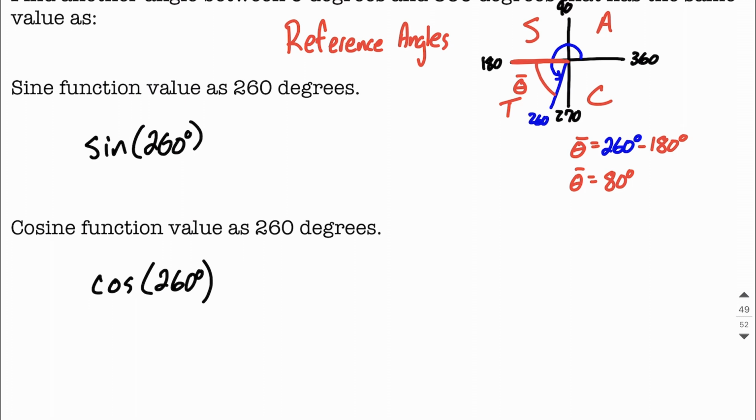So everything's positive in the first quadrant: sine, cosine, and tangent. Second quadrant, only sine is positive. Third quadrant, tangent is positive. So that means sine is going to be negative in the third quadrant. Cosine will also be negative overall in the third quadrant.